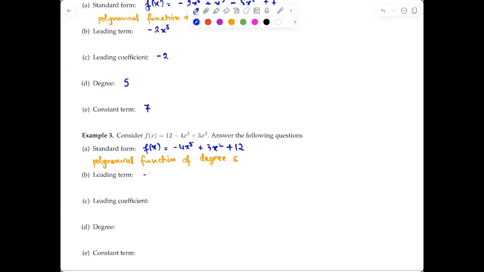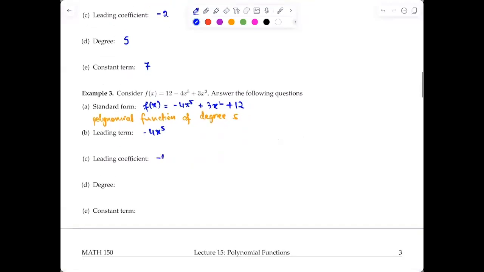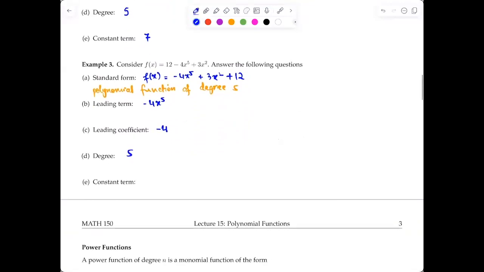The leading term is negative 4 times x to the 5th power. The leading coefficient is negative 4, degree 5, and the constant term in this case is positive 12.